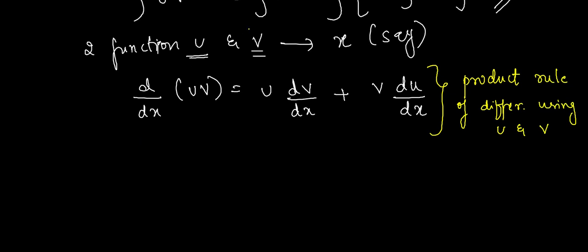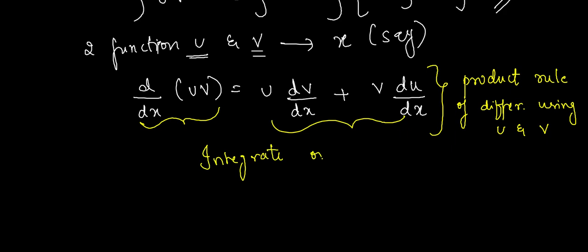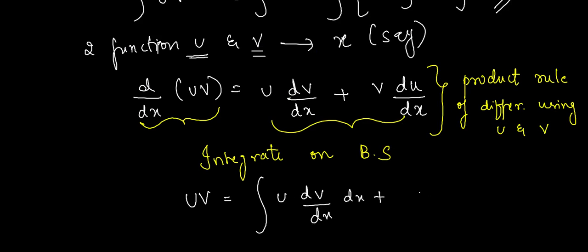After this step we need to integrate on both the sides, that is you have to integrate this as well as this. So let's do it. Integrate on both sides. After integrating on both sides you get an equation as uv is equal to integration of u dv by dx plus integration of v du by dx.